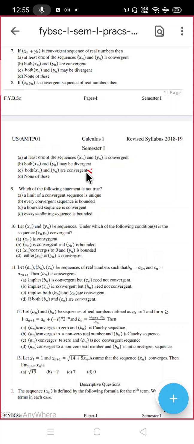Option C is not true, that is for sure. Now, to say at least one of the sequences xn and yn is convergent, this is saying at least one, correct? So at least one means what? Can it be more than one?